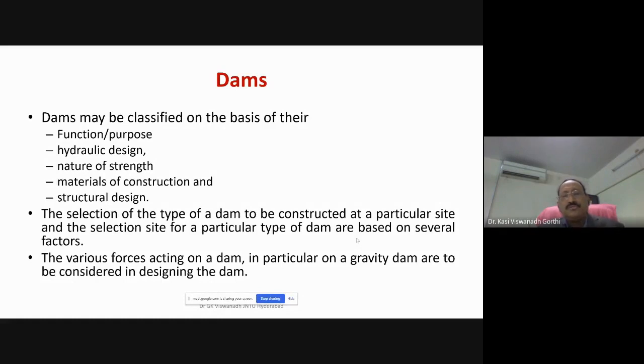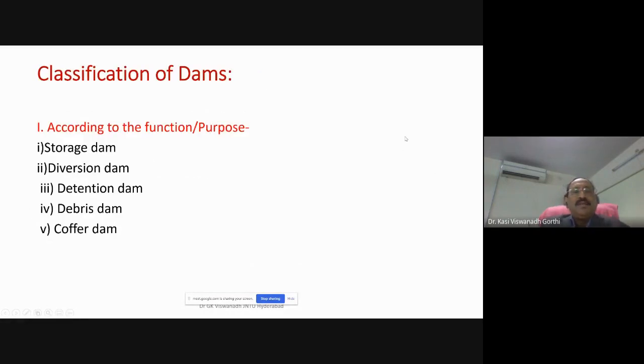A wide study is to be carried out for both. Various forces acting on a dam, in particular on a gravity dam, are to be considered in the design of a dam. We will see in detail the classification of dams based on function, the purpose, as you have seen in the first case.